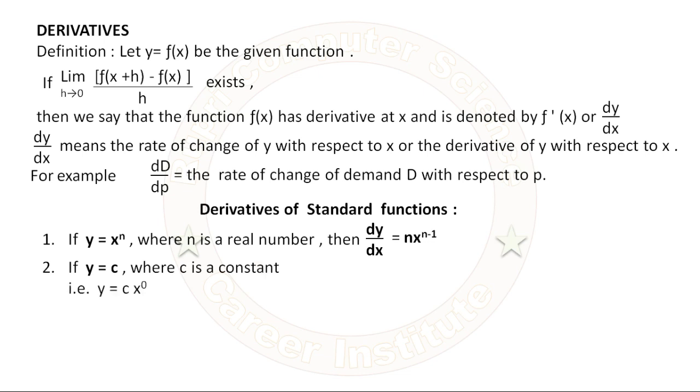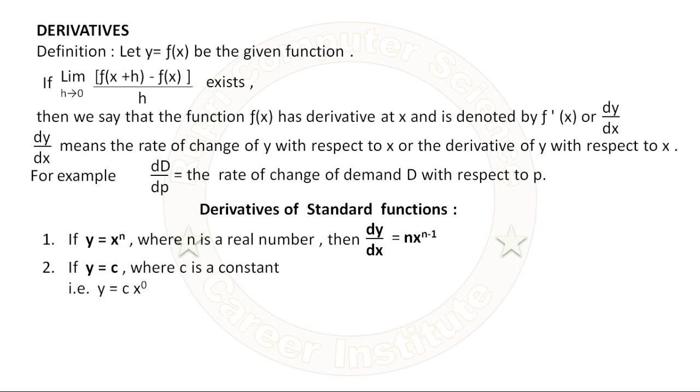Then you know the constant function has derivative 0. How does the constant function have derivative 0? Let me see. I write y is equal to c in another way, that is, y is equal to c into x raised to 0. Always, any number raised to power 0 has value 1.